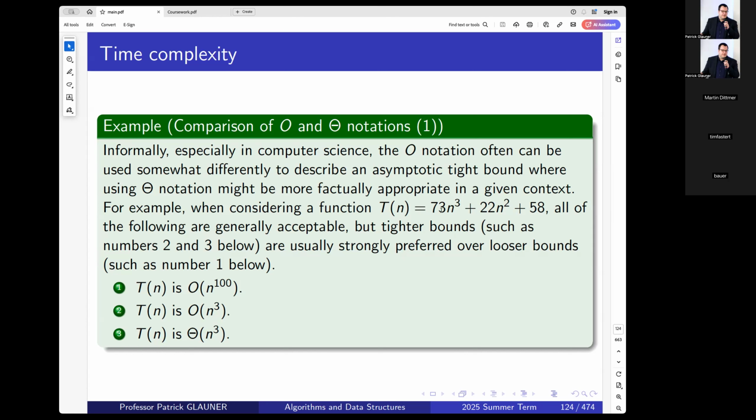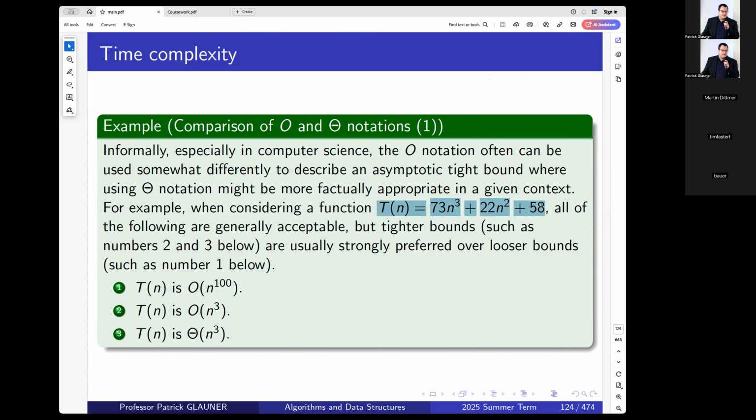Imagine we have now some algorithm, and we want to count its primitive operations. And the number of primitive operations could be like this. So we would have some initial constant operations, then maybe some loop and a loop within a loop, and still a loop within a loop within a loop. So 3 loops in each other, for example.